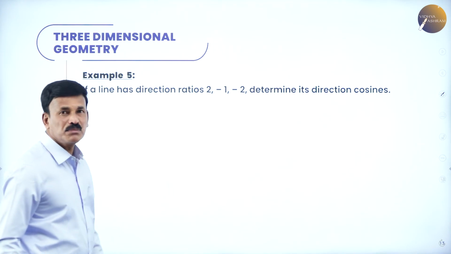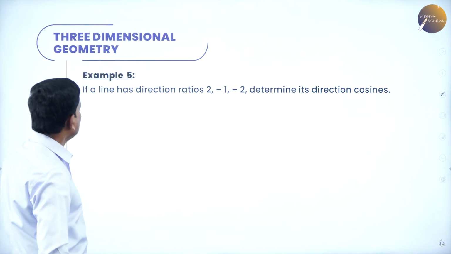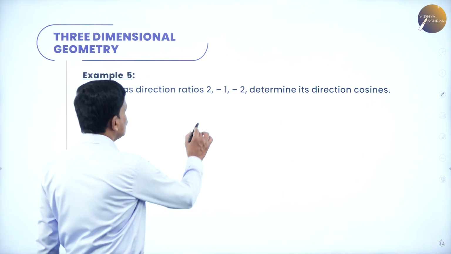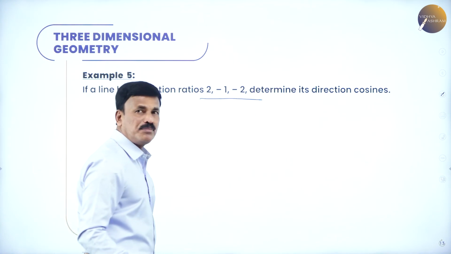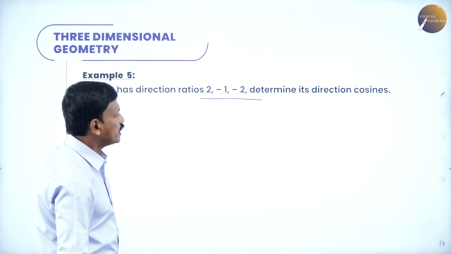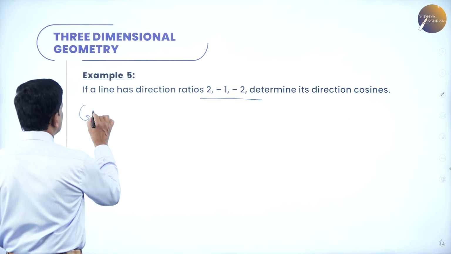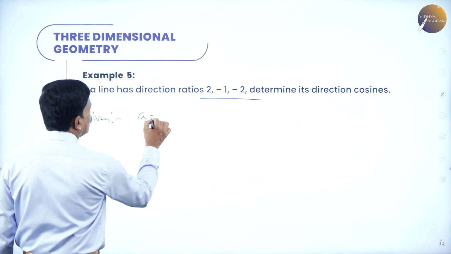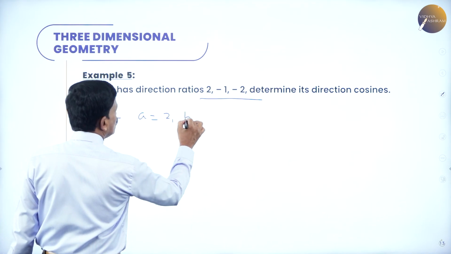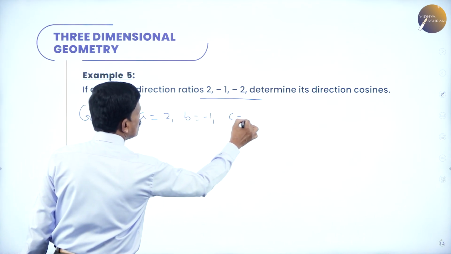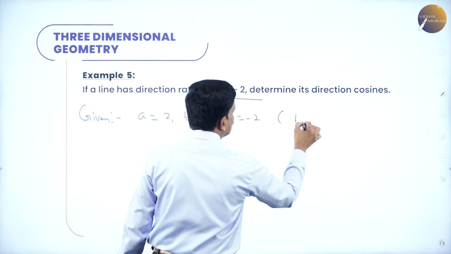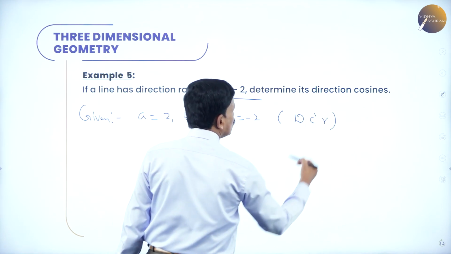Now this is a very simple problem. If a line has direction ratios A, B, C given, determine the direction cosines. Now what is given here? Given that A is equal to 2, B is equal to -1, C is equal to -2. These are the direction ratios. Now what is to find?